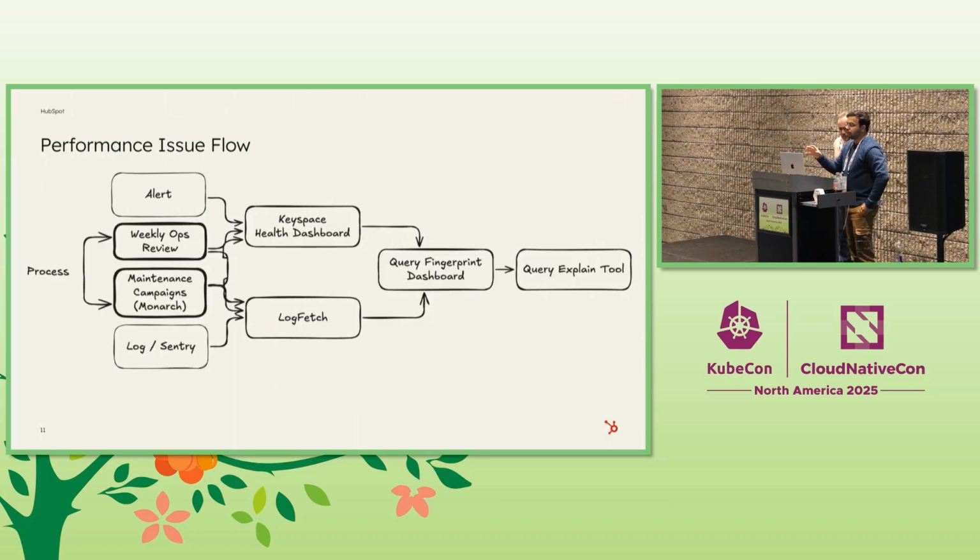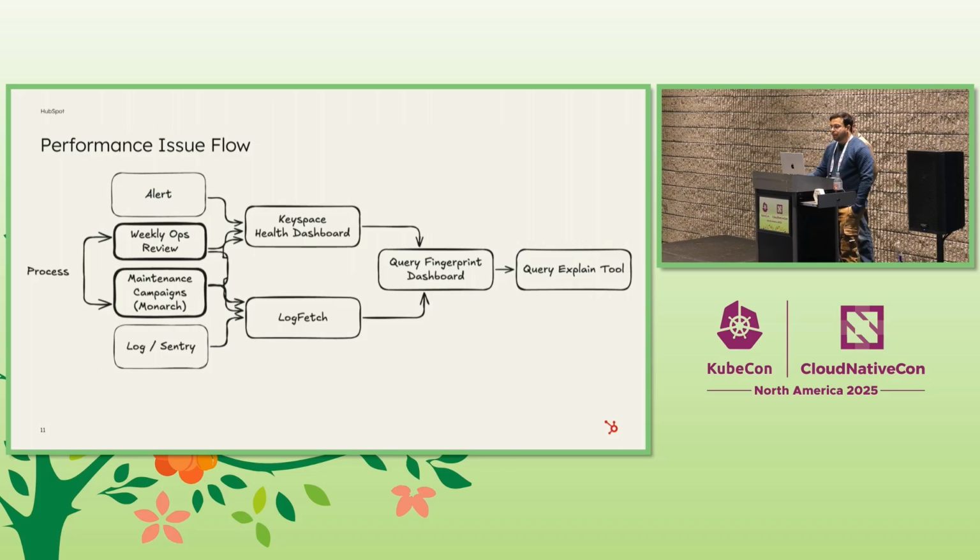So from there, whether it comes from an alert, their weekly review, or some logs, they start checking one of our Grafana dashboards called the Key Space Health Grafana dashboard. They can also check log fetch, which is our internal log aggregation tool, just like Datadog and other log aggregation tools.